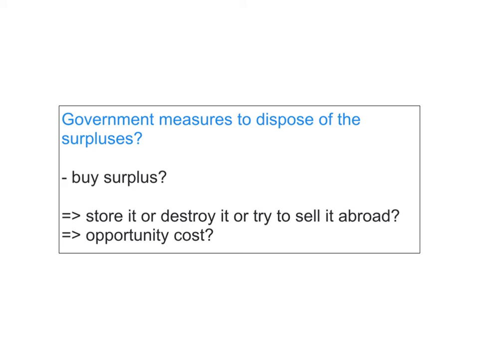So the government buys this surplus, as we mentioned earlier. Now, what sort of measures can the government take to dispose of this surplus? Because now, in the example that I gave, the market for wheat, the government buys all this wheat. Well, the government can either store it, and that costs a lot of money. Storage costs money. Or destroy it, which can be seen as very wasteful. Destroying all of these agricultural products just because there's a surplus.